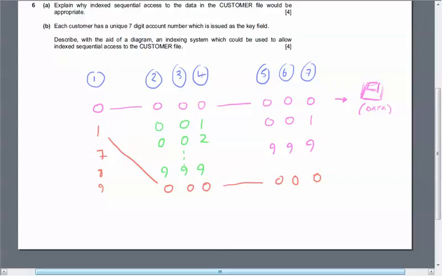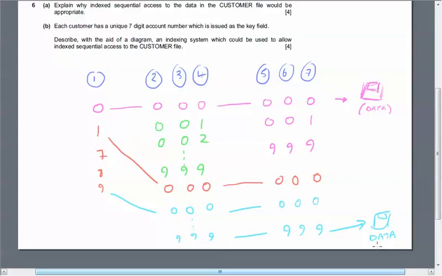The record here again would start from 0, all the way up to 999. So the biggest number we could possibly have is 9,999,999, and then going to the data file.